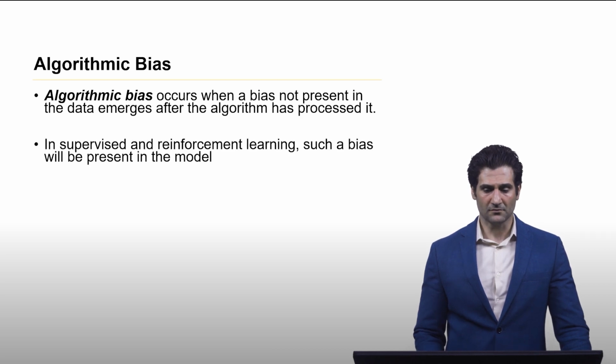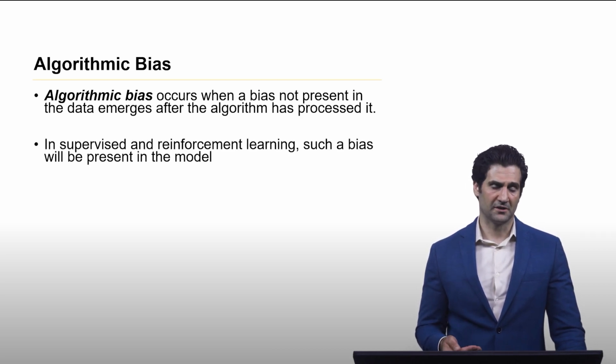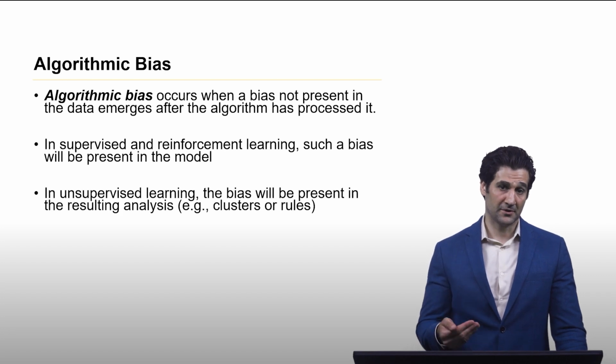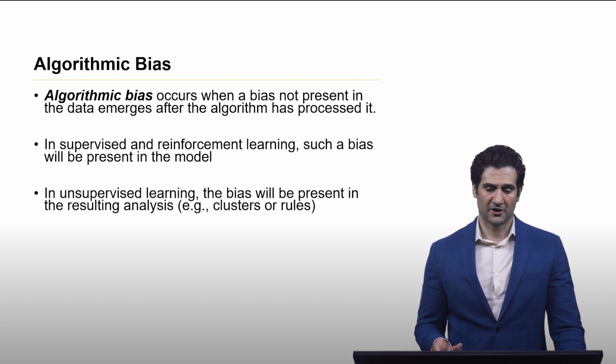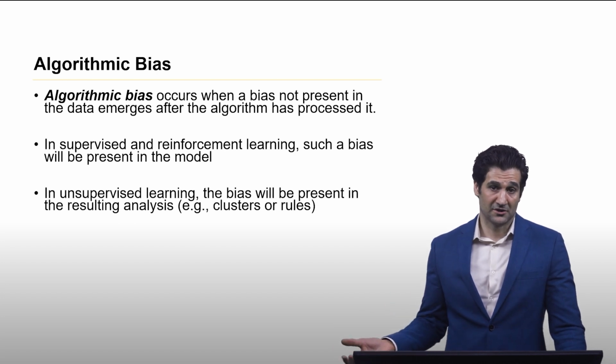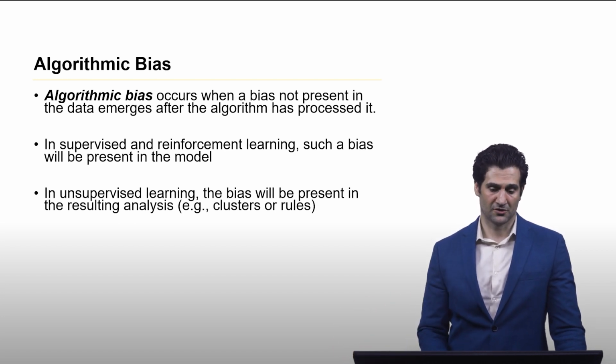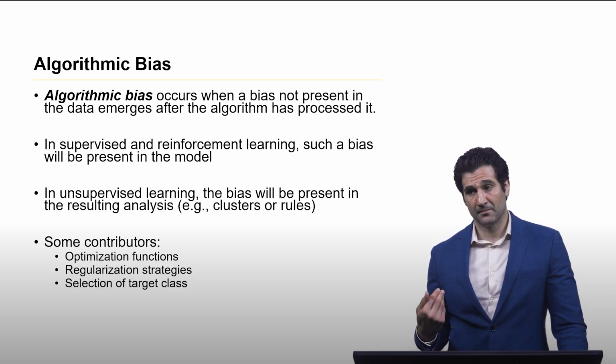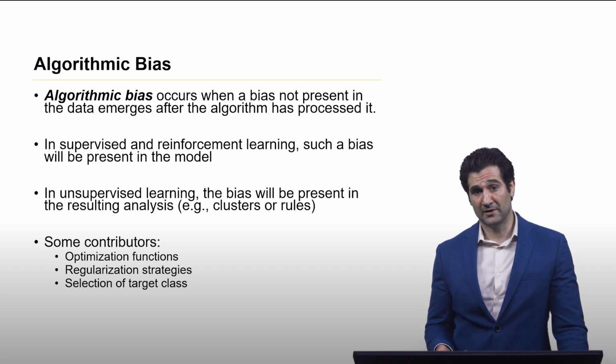Well, especially when you consider something like supervised or reinforcement learning, these are things that could end up being part of the model. When you're looking at unsupervised methods, the bias could be present in the resulting analysis, like the clusters or the rules. And so some ways that this could happen is by engineering decisions that you may make.